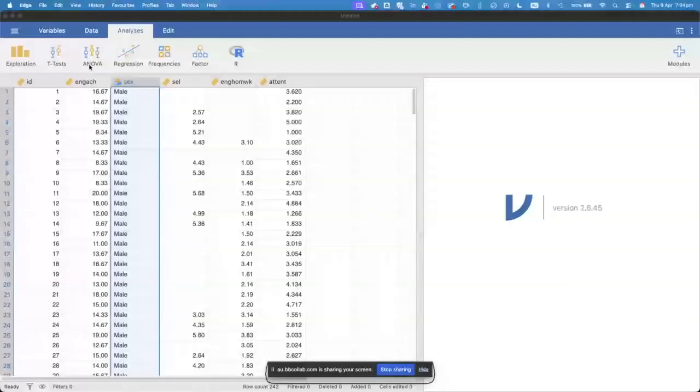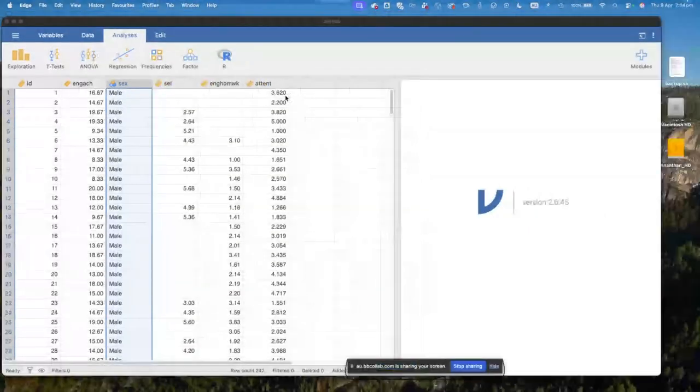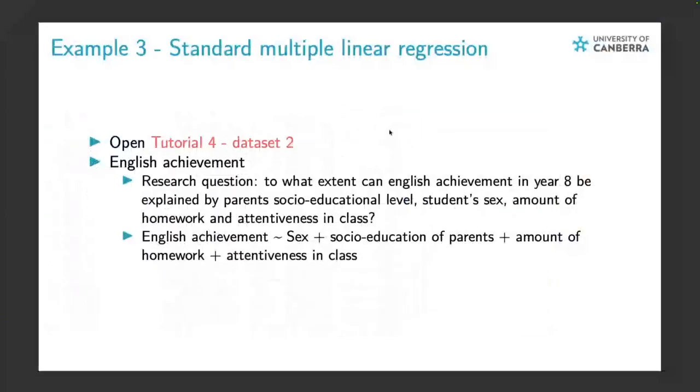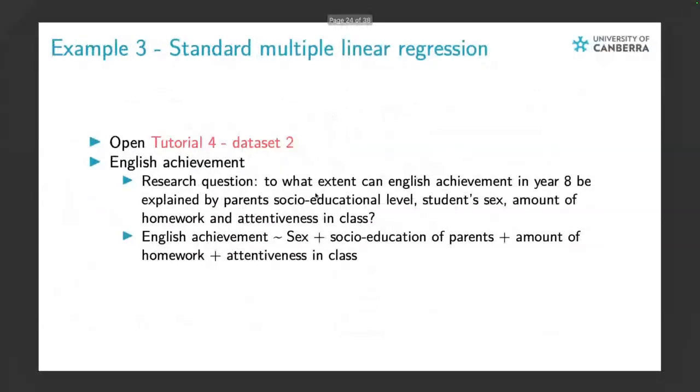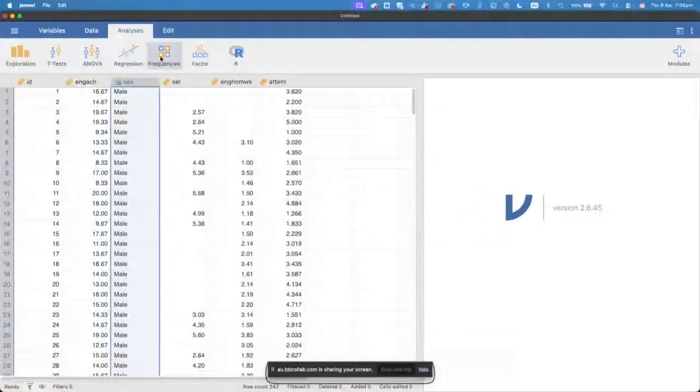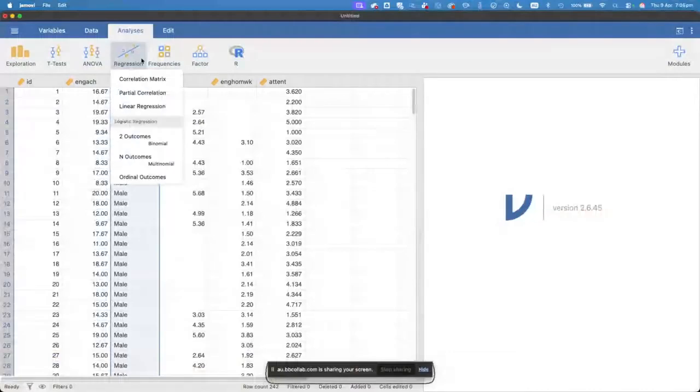So your data set should look like this. That's English achievement, sex, social education level, English homework, and attention. So how this should look in terms of the analyses: I'll assume that you've done the correlation matrix and you've done your regression.